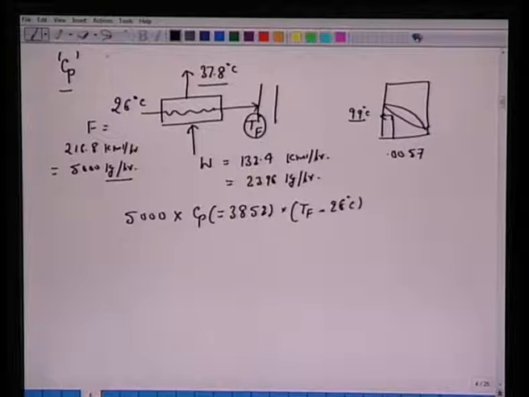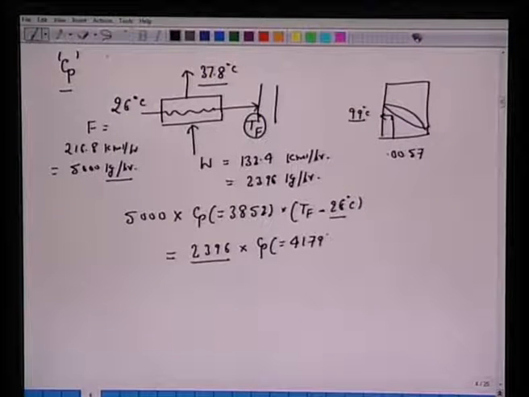This feed is preheated from 26 degrees centigrade to TF by this residue W, which is 2396 kg per hour, multiplied by the specific heat of this product, from the literature 4179 joule per kg per Kelvin, multiplied by the temperature difference.